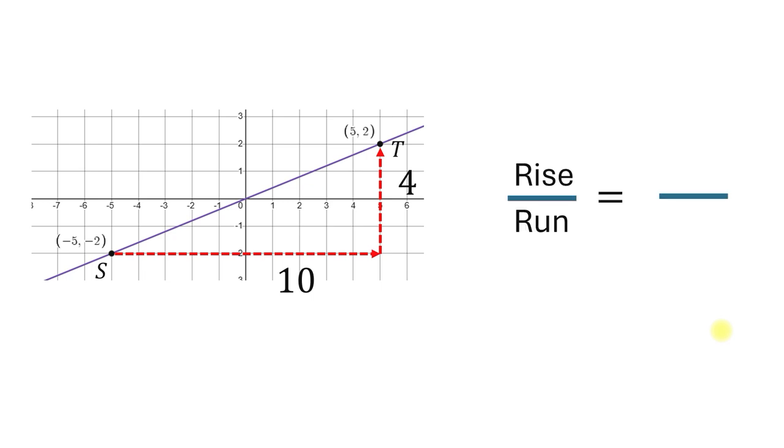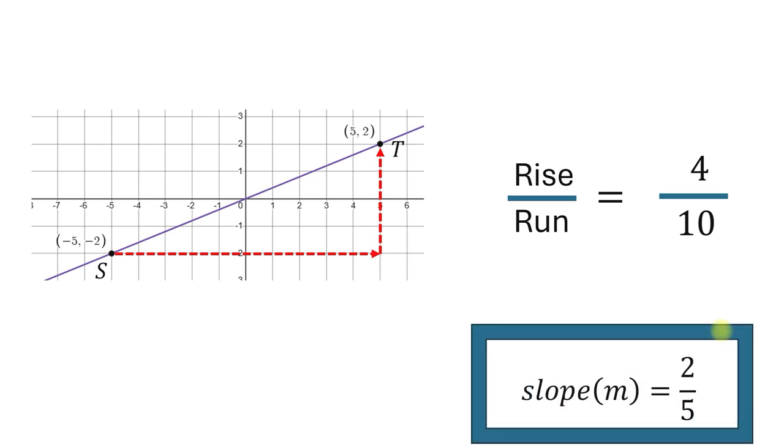So our rise over our run is 4 over 10, which further reduces to 2 over 5. And once again, our slope of 2 over 5 can be shown on the graph as 1, 2, 3, 4, 5, followed by a rise of 2.